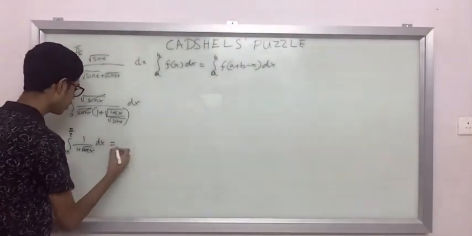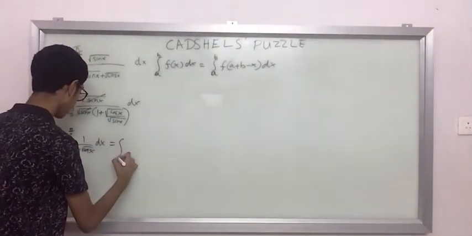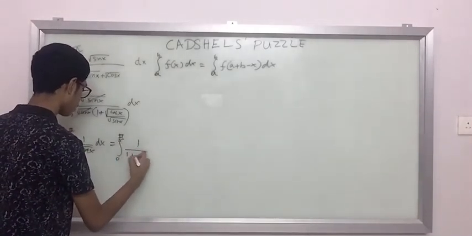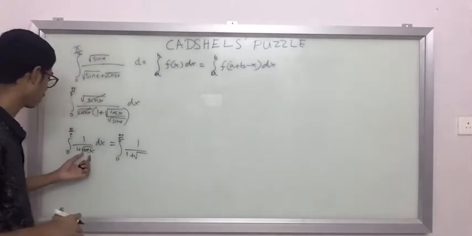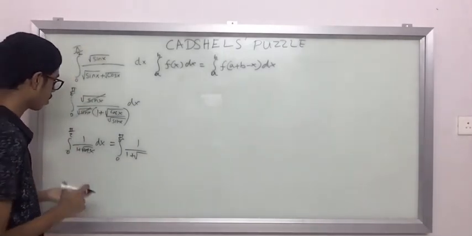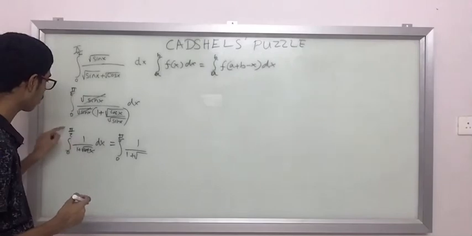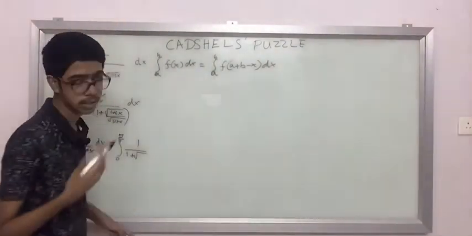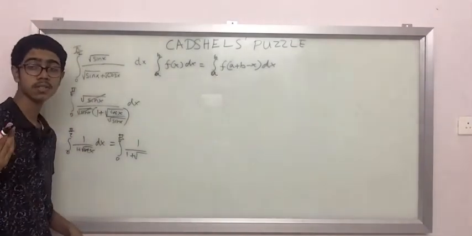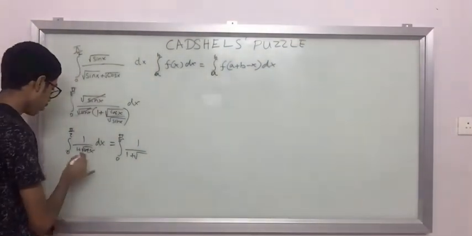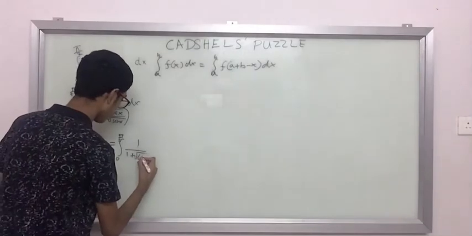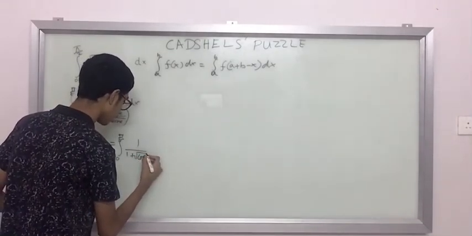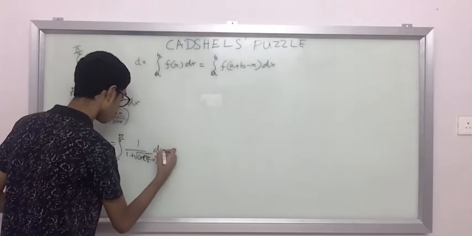So this is equal to integral from 0 to pi by 2 of 1 by 1 plus square root of cot of pi by 2 minus x dx.